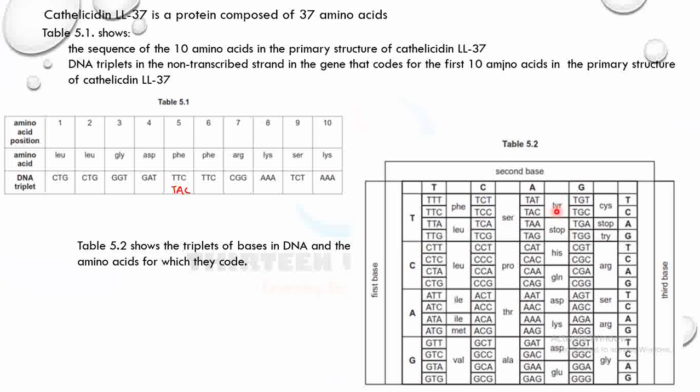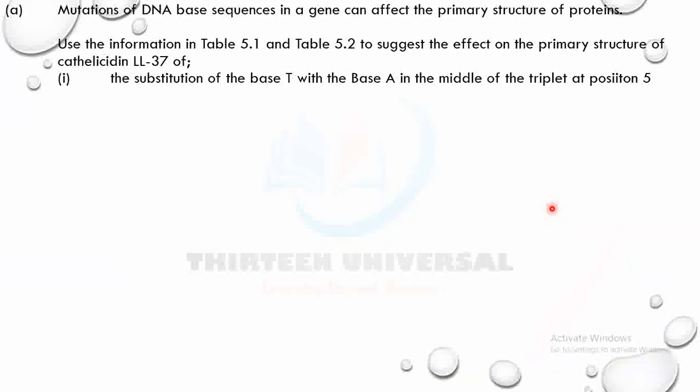So there's a change in amino acid from phenylalanine to tyrosine. TTC is this, which is phenylalanine. TAC is this. That will be the impact. At position 5, TTC to TAC changes from phenylalanine to tyrosine. So that is it, guys.